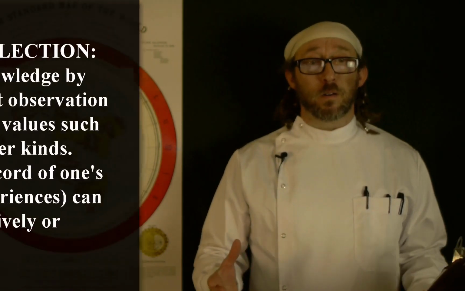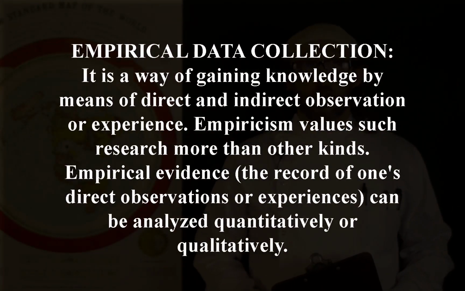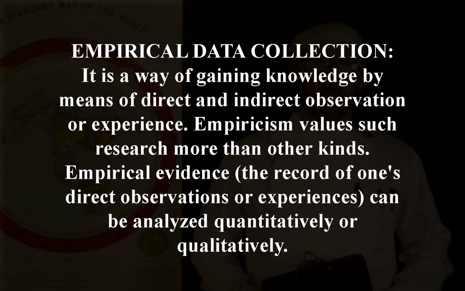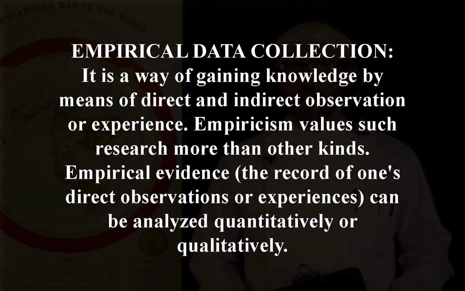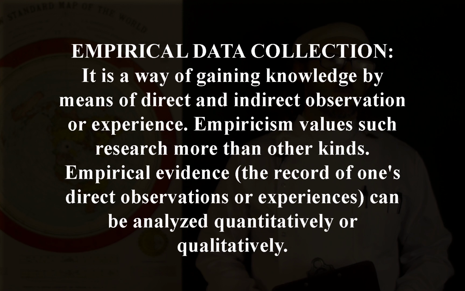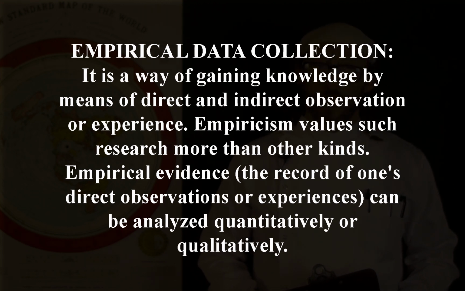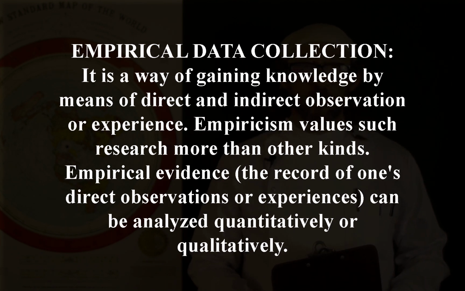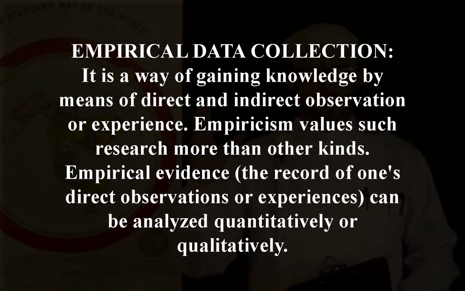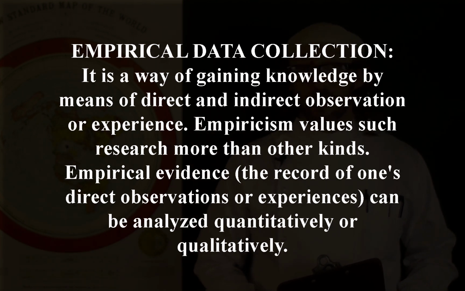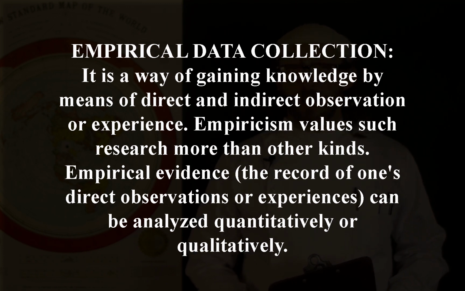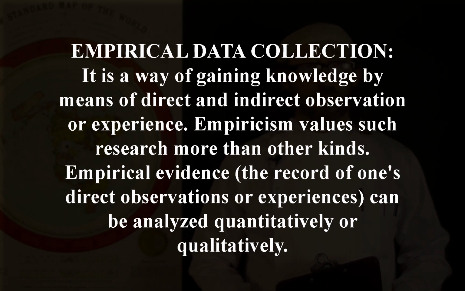So what is empirical data or empirical data collection? It's a way of gaining knowledge by means of direct and indirect observation or experience. Empiricism values such research more than other kinds. Empirical evidence, the record of one's direct observations and experiences, can be analyzed quantitatively and qualitatively.